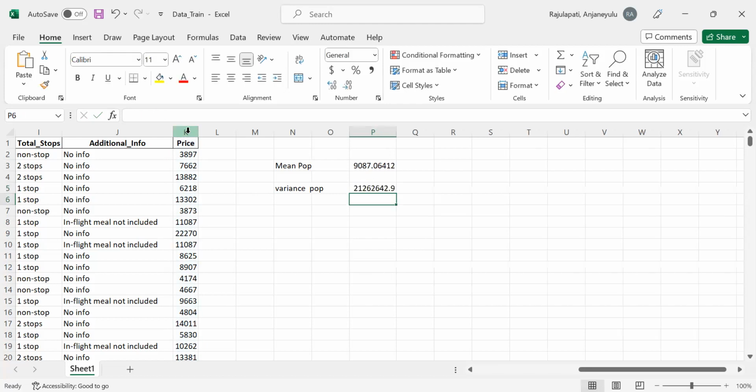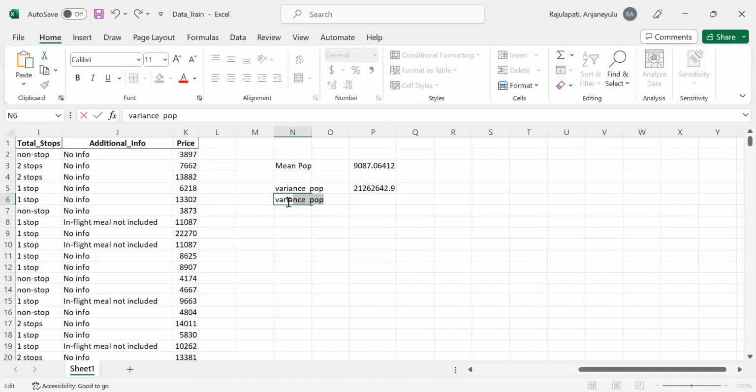Then it gives you the variance. It's a large variation, which means there could be a lot of differences with your real data.